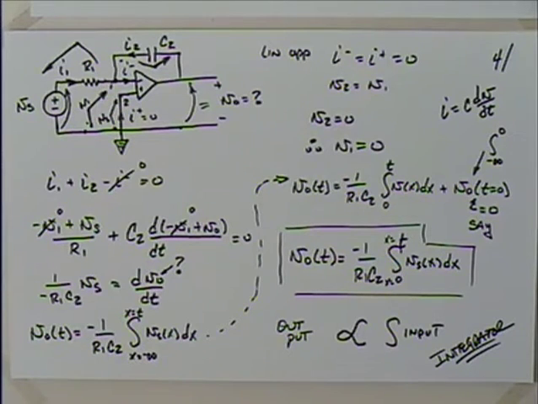Then the only remaining section before the end of the term is an introduction to AC analysis, which is essentially going to be an introduction to all of next term, which should be good. Our civil engineers that are only going to be with us maybe this term, it's good that they have a quick introduction to AC, and for everyone else it'll be good to prime the pump for next term.